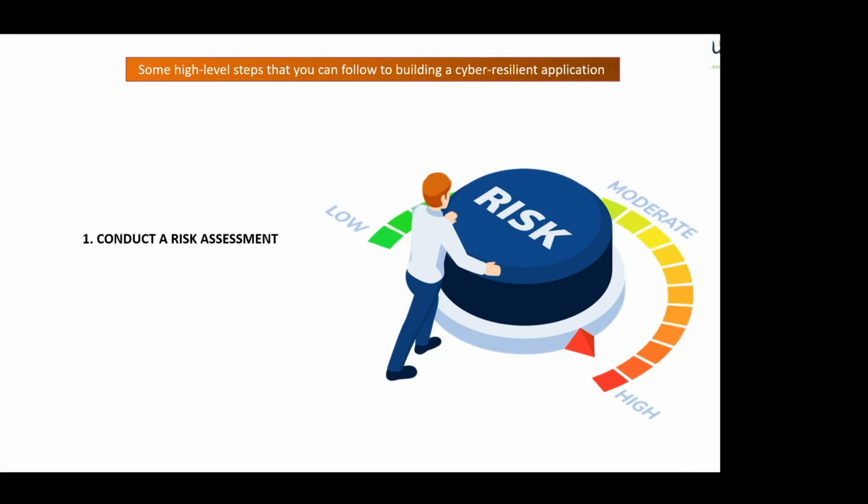Number one definitely is what? Conduct a risk assessment. I know I don't need to ask the software development team this, but I believe it's one of the things they do. They conduct risk assessment. The risk assessment would help you identify possible threats and vulnerabilities in your applications. It will also help you prioritize critical risk.